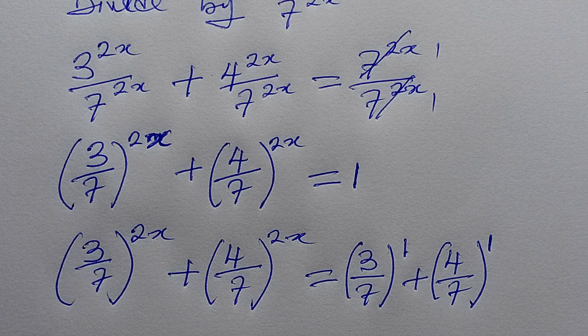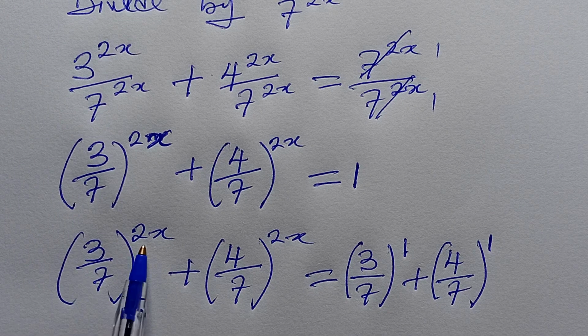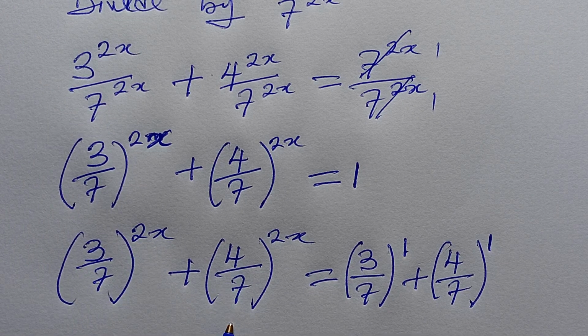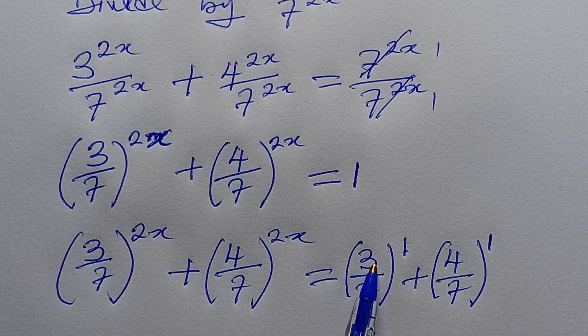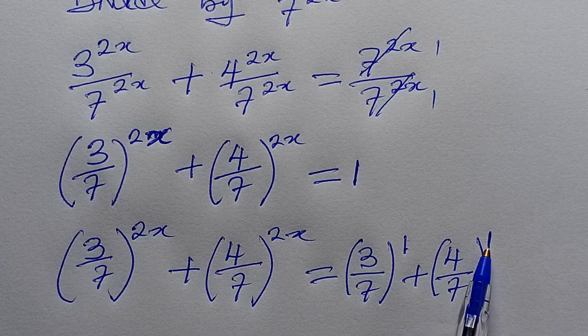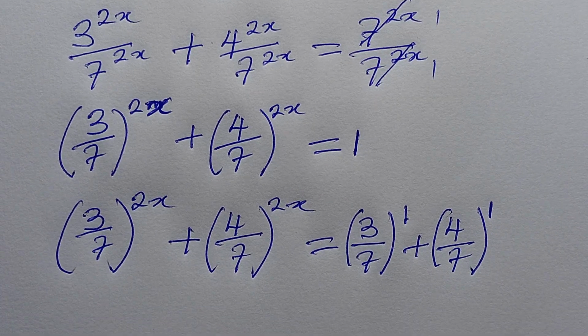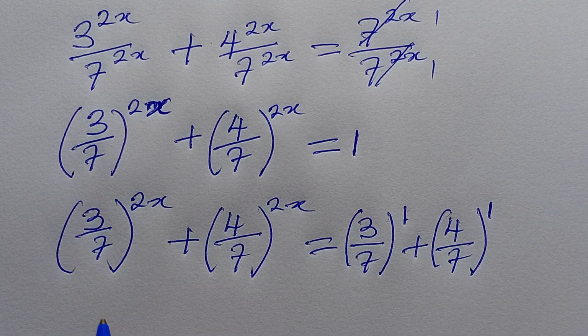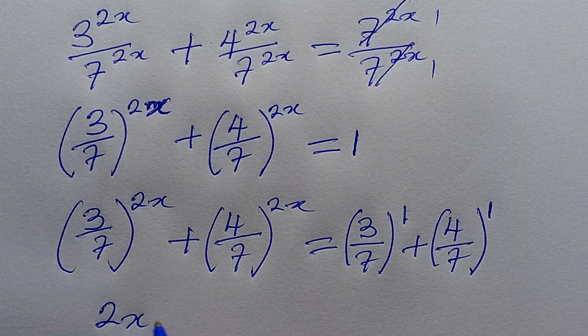Okay, now at this point, we can do a comparison. Since we have 3 all over 7 to the power of 2x, plus 4 all over 7 to the power of 2x, and here we have 3 all over 7 to the power of 1, plus 4 all over 7 to the power of 1, then it means that 2x is equal to 1.